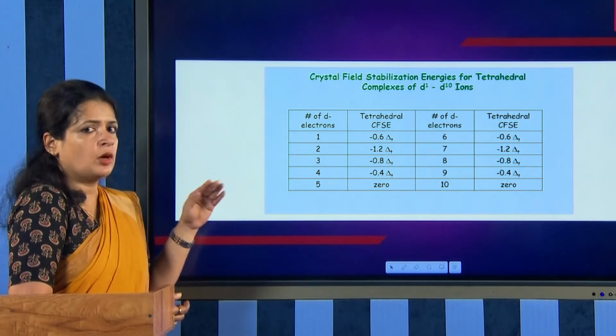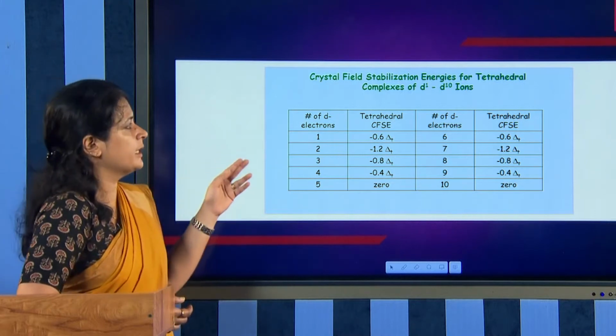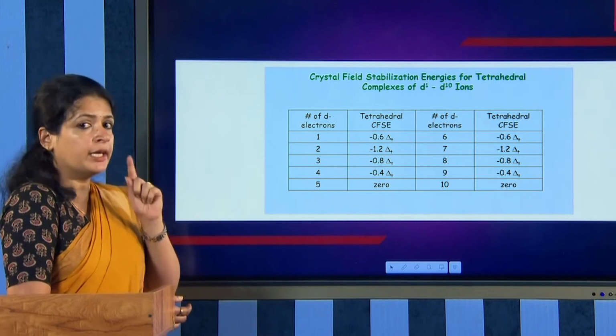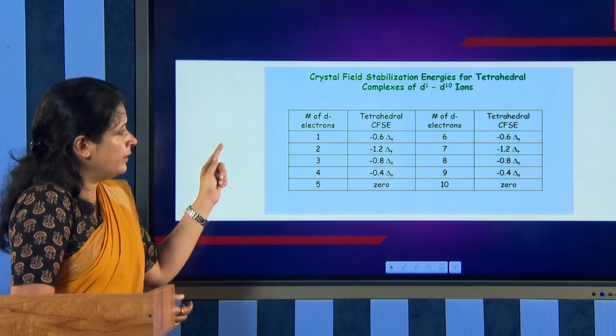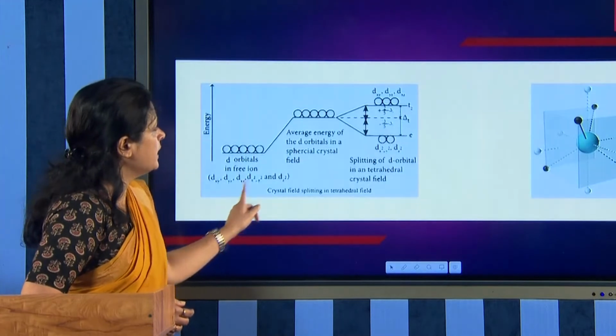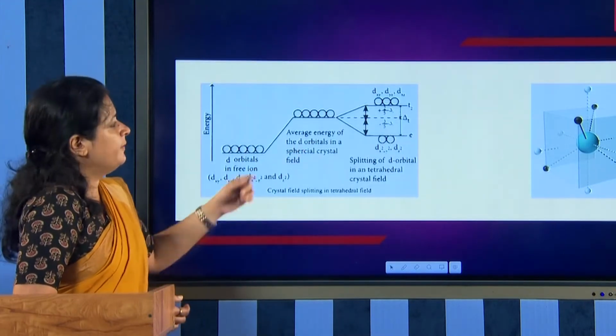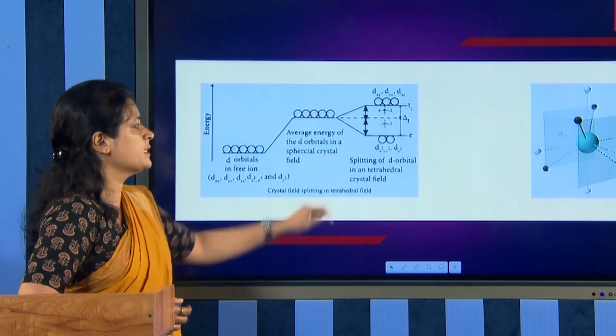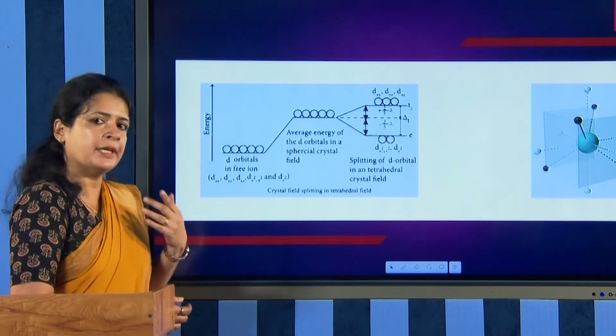How to calculate is already discussed in the previous classes. When we are going to the d1 case, that is 1 electron in the d orbitals, then that electron, we have already seen the crystal field splitting, will be occupying the dx square minus y square or dz square.